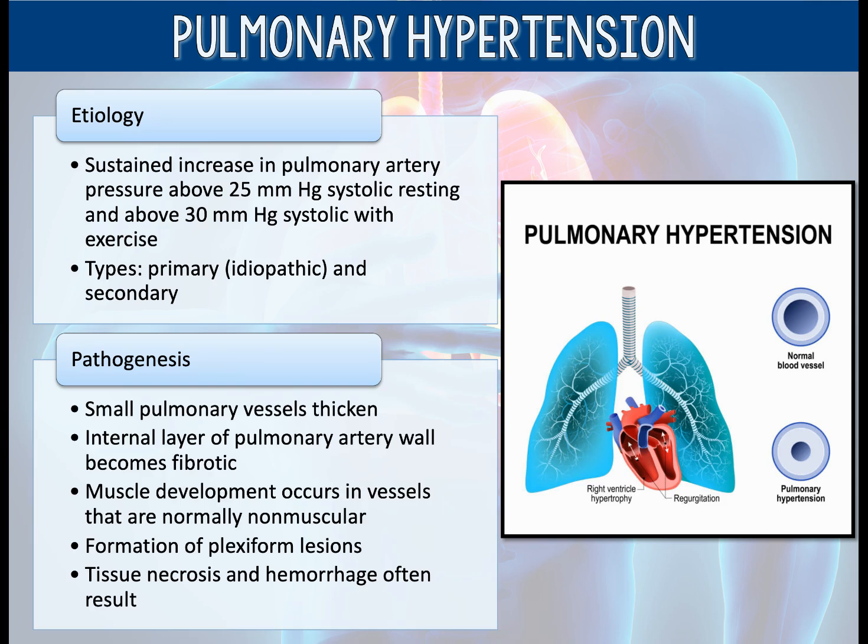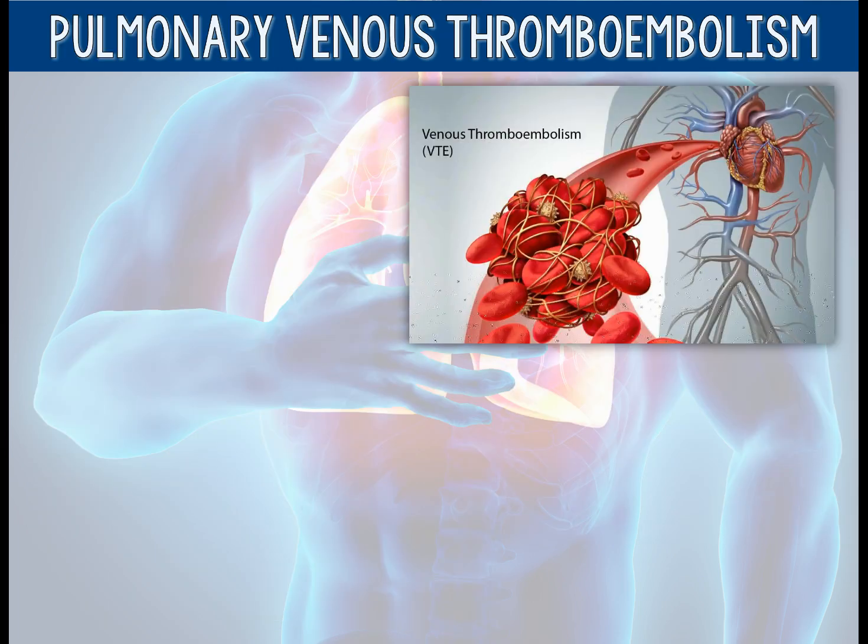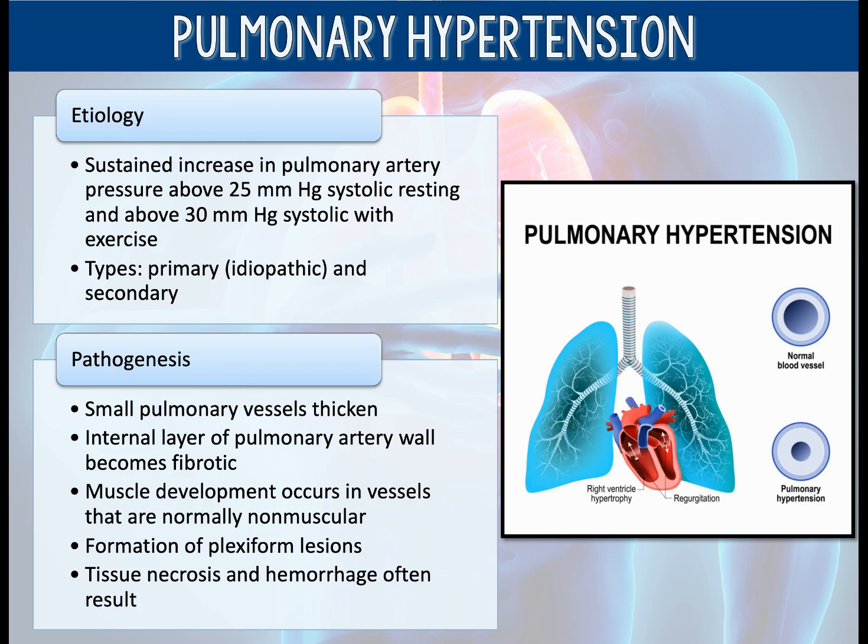Okay. So what happens here is that there could be some issues with your pulmonary vessels, the small pulmonary vessels. They could thicken up, of course, so that, remember again, with that thickening of the vessels, it makes that lumen, the radius, smaller.